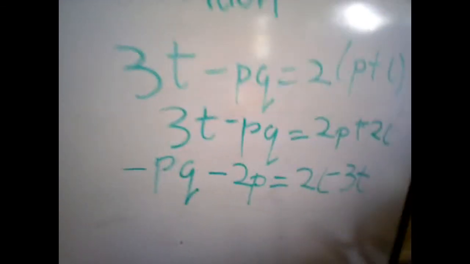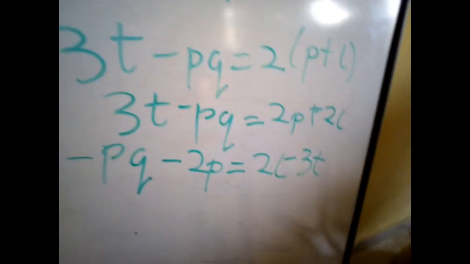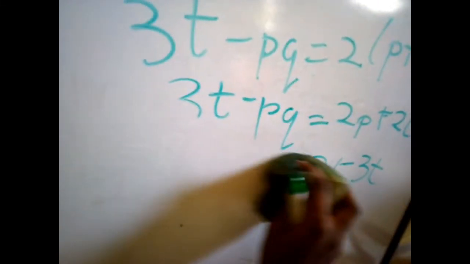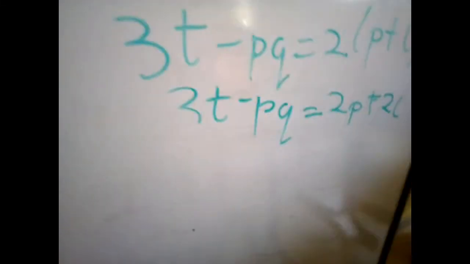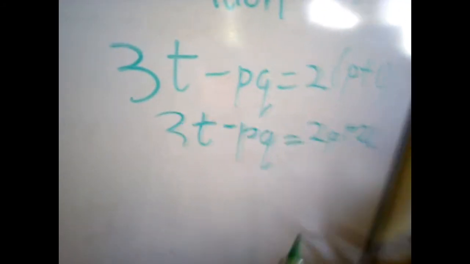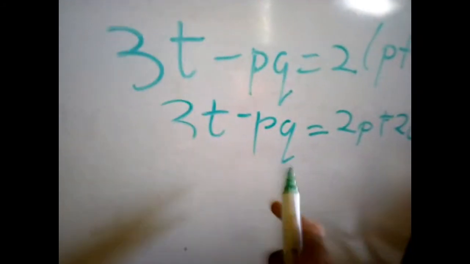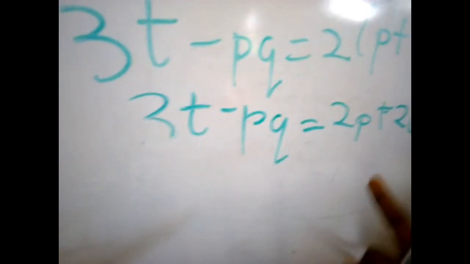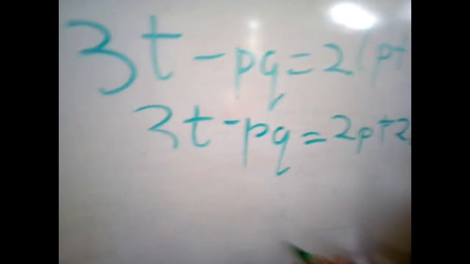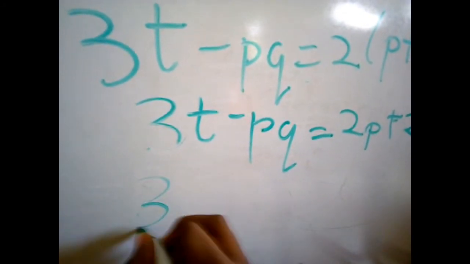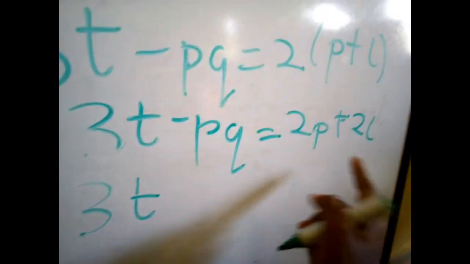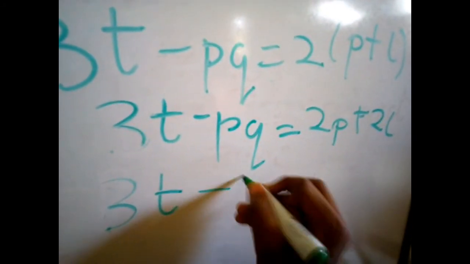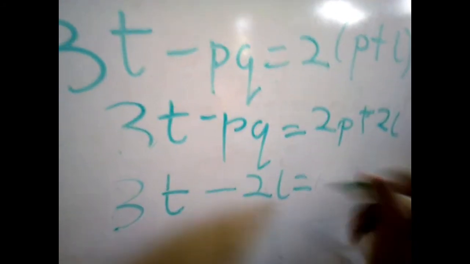Now you've seen that we've gotten it like this, but I want to change it a bit and use a different style, because this one is going to confuse you even more. To make it easier, let's just maintain 3T, and then we bring the 2L to cross the equal sign to give you negative 2L, so that we won't have plenty negatives.